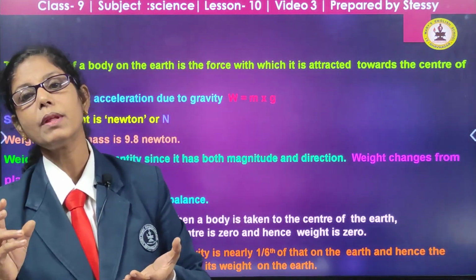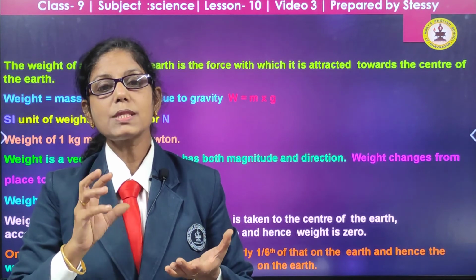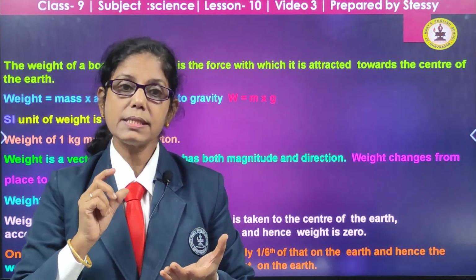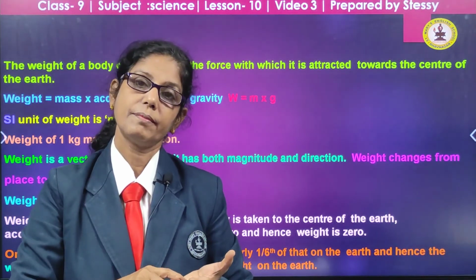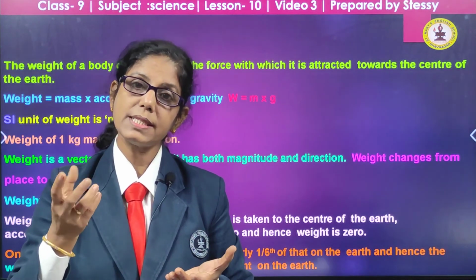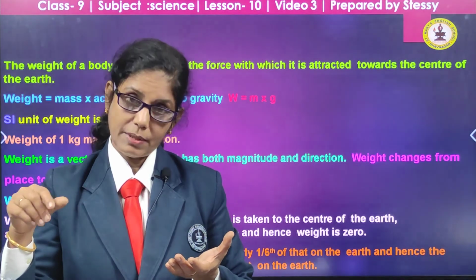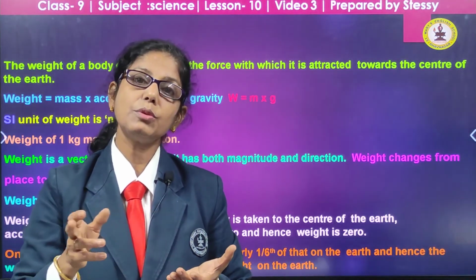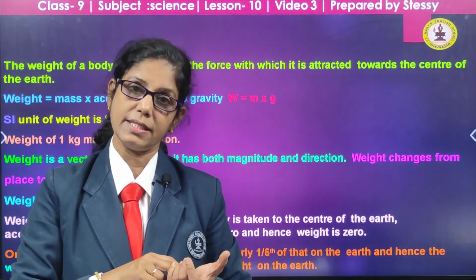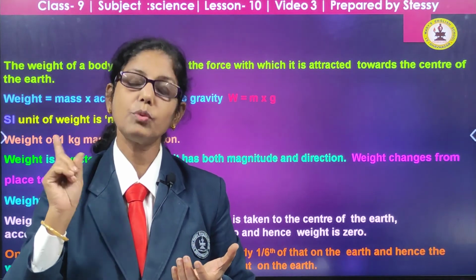For example, suppose the mass of a body is 6 kg. Its weight will be 6 into 9.8. I am taking 10, so 6 into 10, 60 newtons.